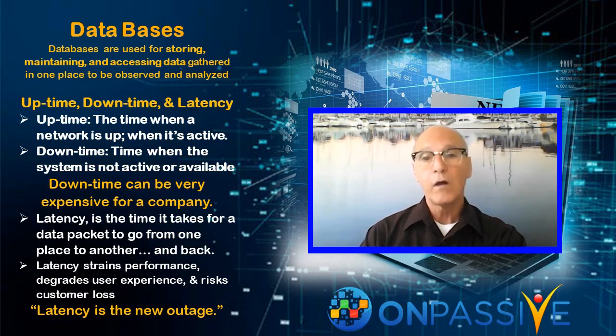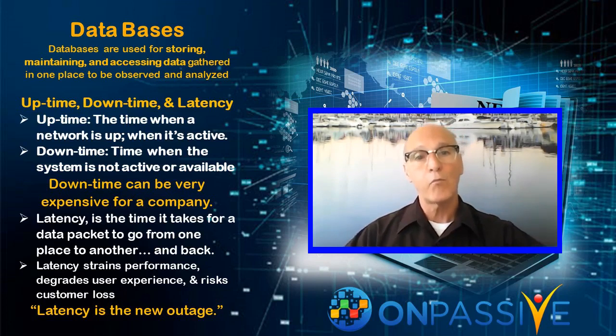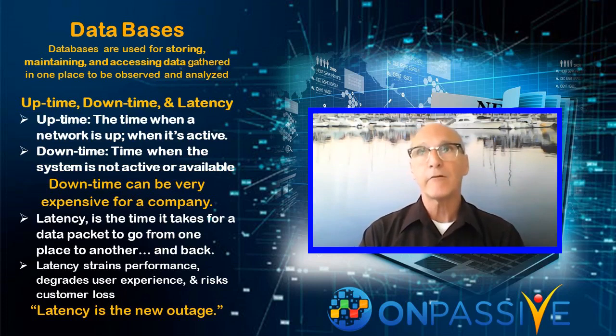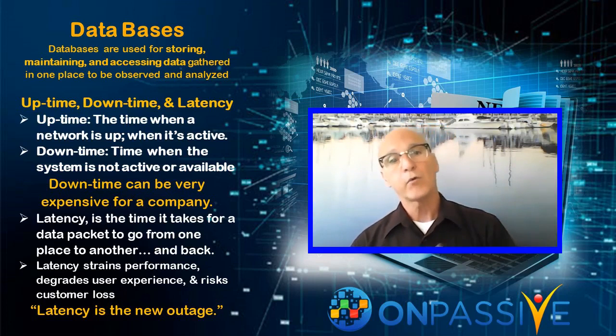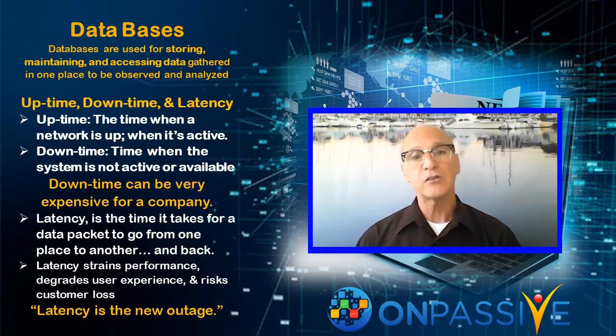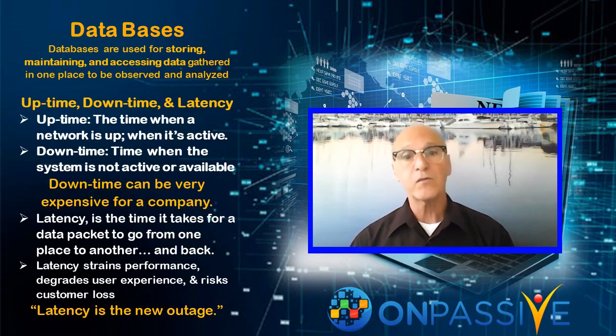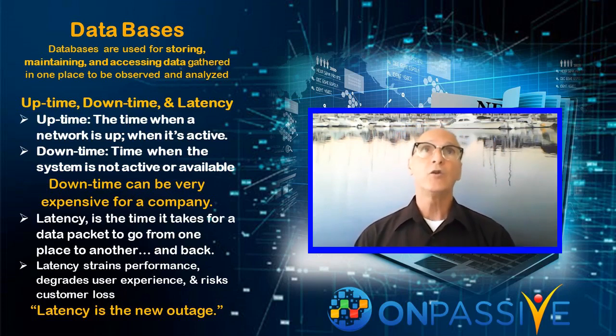So there's a whole series of things that can come into play because there's a whole mixture here, and arrangements like this can have a very complex effect, and the number of components that make up an application can put a strain on performance. It can degrade user experience. It could also risk losing customers. So, hence, timing is a huge issue. Latency is a big, big issue.